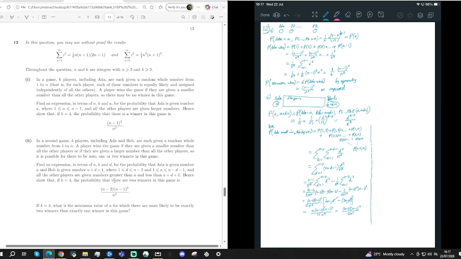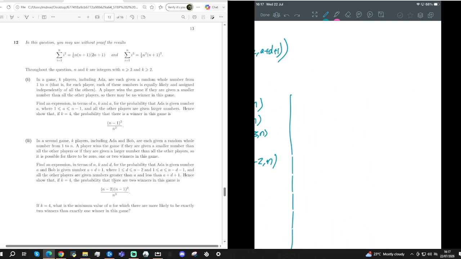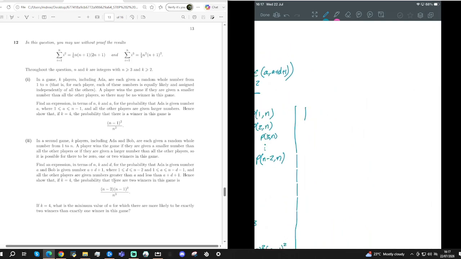So now let's consider, just like we did with this 4 here, how many different combinations of winners or ways to win there could be. So in a group of 4 people, well, there are 4 choices for a small winner, which previously was Ada.